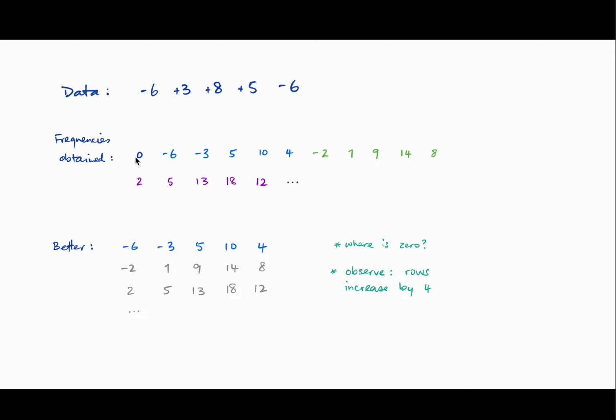So anyway, the frequencies begin at 0. And if you go through one cycle and end up at 4, well, then that means the next one's going to end at 8 because the next one begins at 4, goes through exactly the same deltas. So of course it's going to end at 8. Then the next one's going to end at 12. So there's a real pattern in these columns. They go up by 4, right?